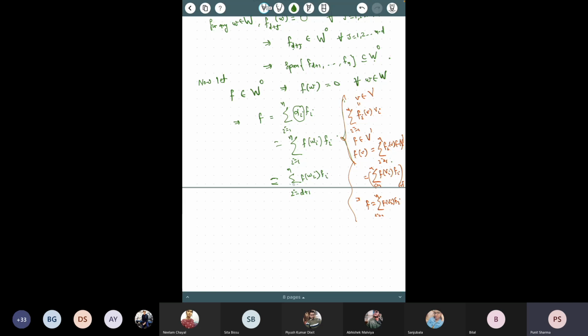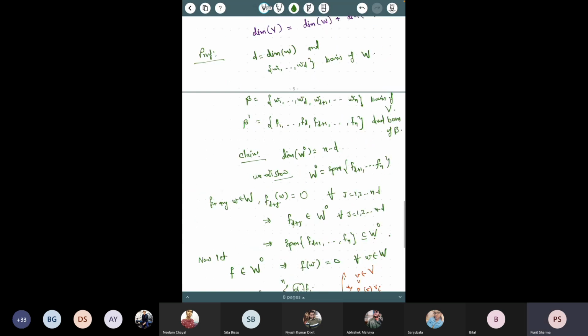Using this fact, you can say that f belongs to the span of f_{d+1} to f_n. But f is any element, so W naught is contained in the span of this. So W naught is equal to the span of f_{d+1} to f_n, and we are done. So the dimension of W naught is equal to n minus d, and that is what we were trying to show here.